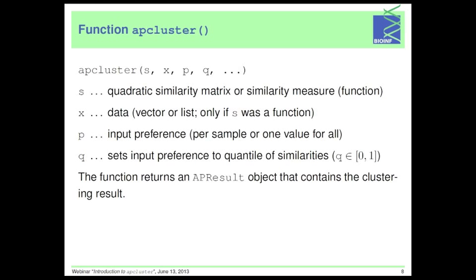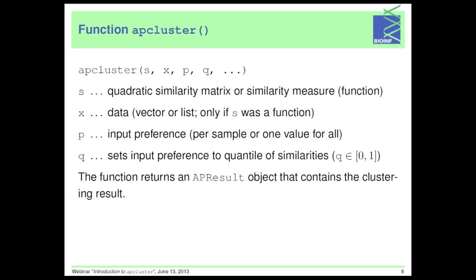In our package, the most important function is apcluster. This is not the exact interface of it. I just picked out the most important parameters, because otherwise it would take too long and probably provide you with unnecessary details.